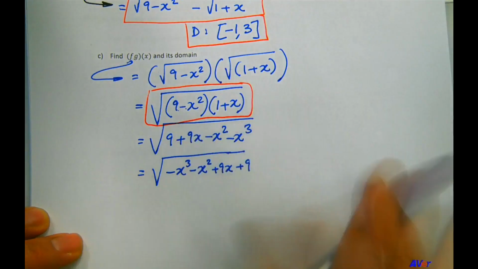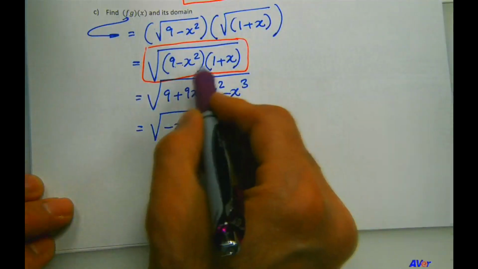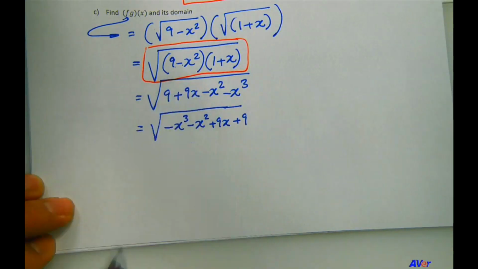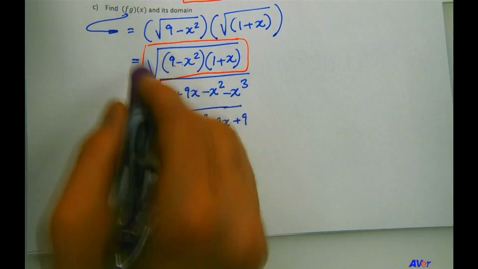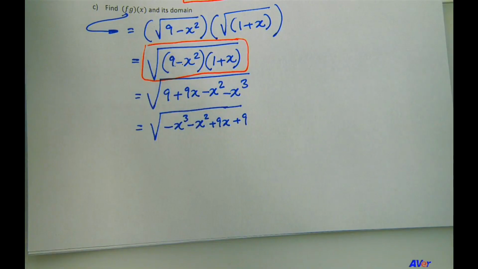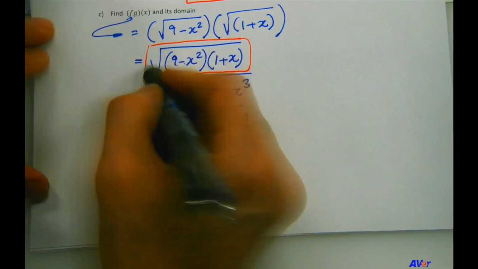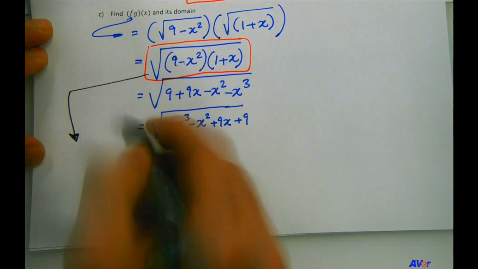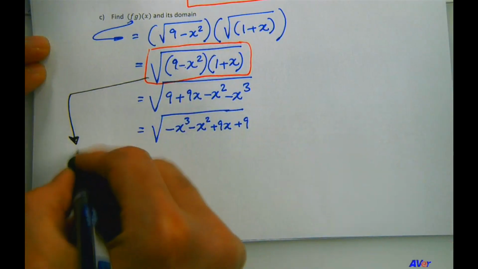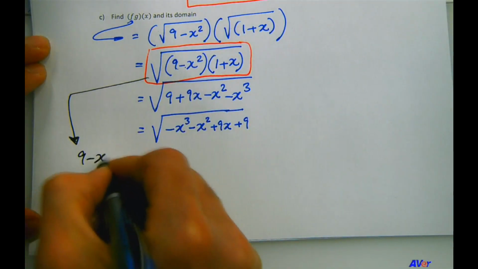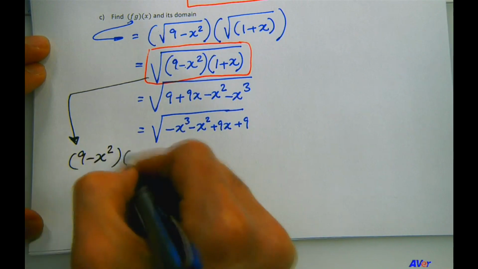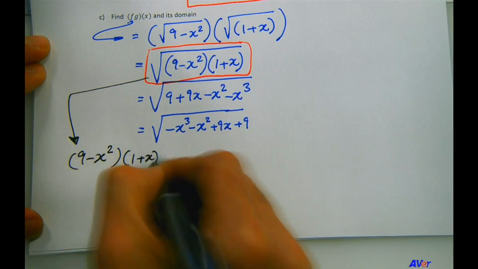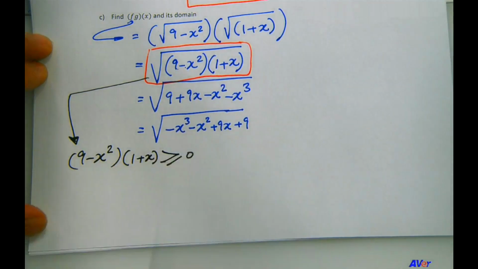Okay, that's all I'm saying. So keeping everything in factored form would have been easier. So let me work off of that. So working off of that, we have 9 minus x squared times 1 plus x must be greater than or equal to 0.